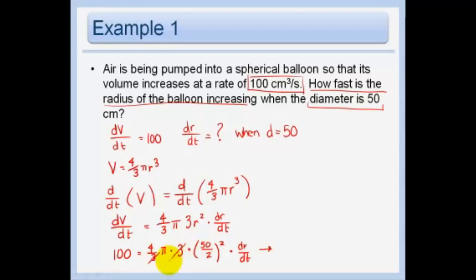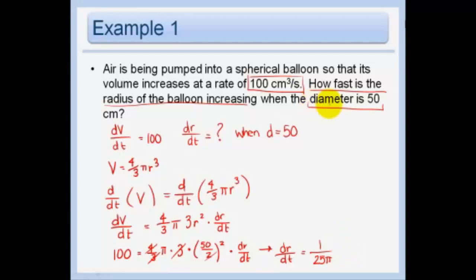So these cancel out, and the 4 is going to cancel out with this 4. And so we have a 50 squared, and we have a pi over here. So we get dr dt equals 1 over 25 pi.